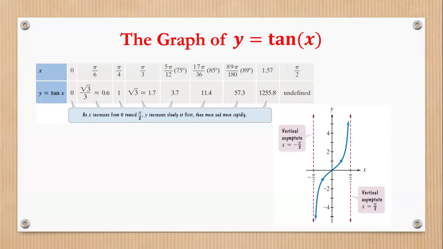We can plug in some points for the x, which are angles, and then find the y value, which is the tangent of those angles. Then we start graphing the function by plotting the points and connecting them to each other.